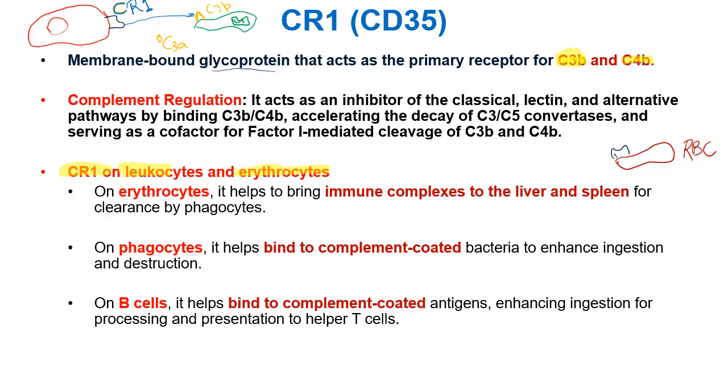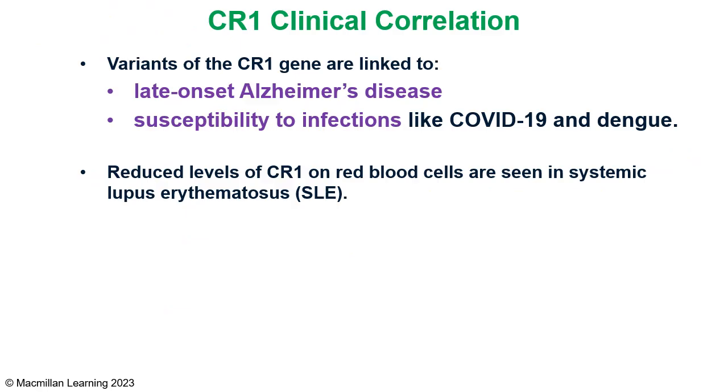To the antigens, got it. A lot of information on that slide. So what happens if you have a problem with this CR1 receptor? What kind of diseases are most common when you have problems with CR1? Variants in the gene that makes CR1, which by the way is on chromosome 1, the biggest chromosome, are involved in Alzheimer's disease, but not early onset, late Alzheimer's disease.